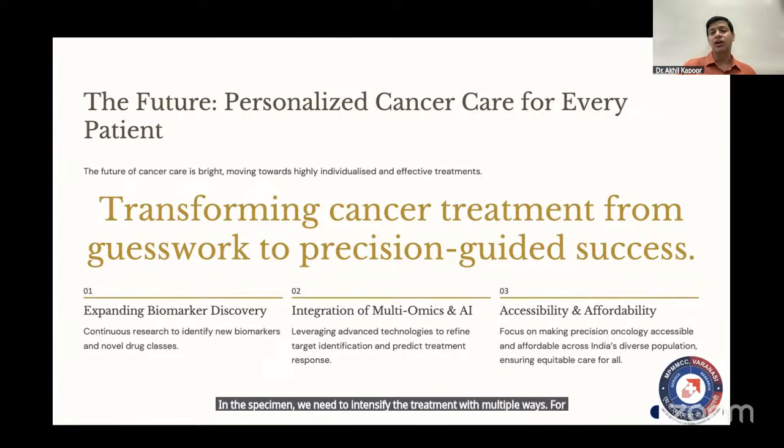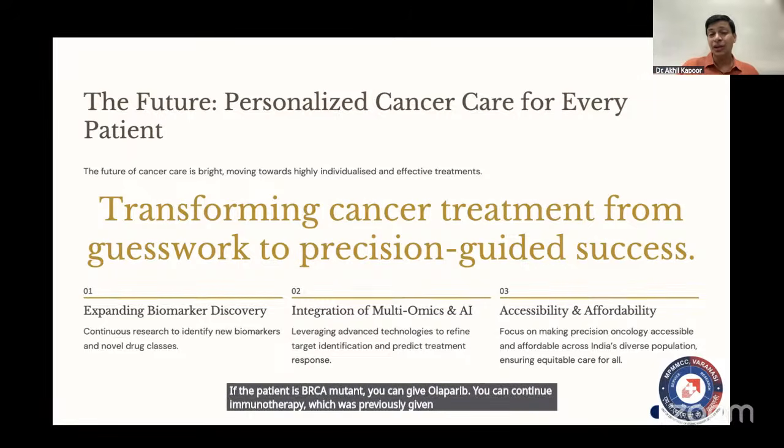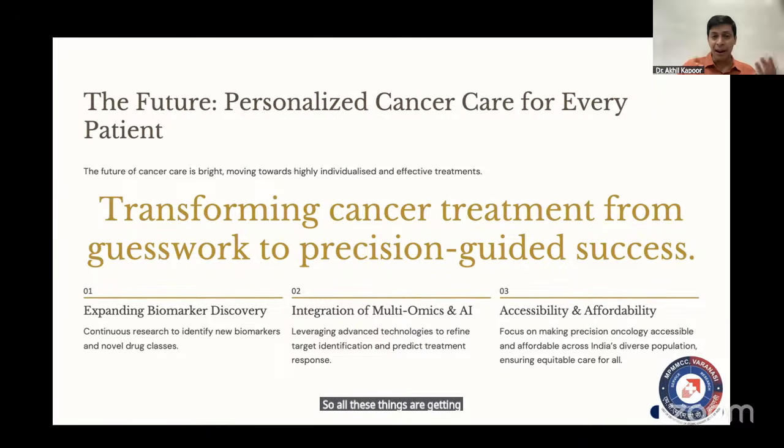For example, if the patient is BRCA mutant, you can give olaparib. You can continue immunotherapy, which was previously given. You can also consider utilizing capecitabine, which is a type of oral chemotherapy. So all these things are overlapping, and we need to decide which treatment is best for that patient.